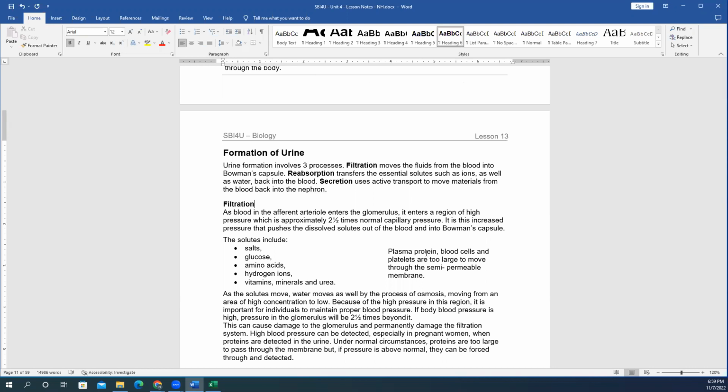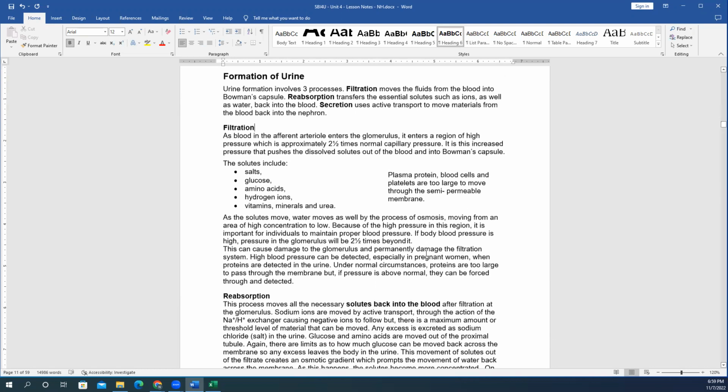However, if the pressure is so high that it is causing damage to this membrane, then some proteins will make it through and can become detectable in the urine. Under normal circumstances, proteins are too large to go through this membrane. But if the pressure is above normal, they can be forced through and become detected in a urine test.